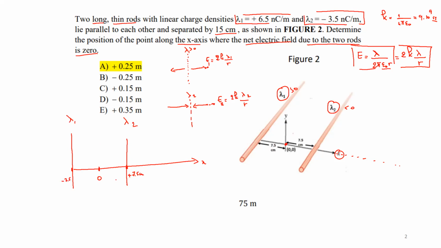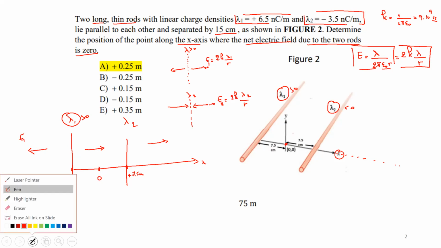Now let's draw the electric fields. For lambda 1, which is positive, the electric field in the middle is pointing away, toward my positive x direction. Here on the right it is also pointing toward my positive x direction, and on the left it is pointing along my negative x direction. This is E1, and of course it is inversely proportional to the distance.